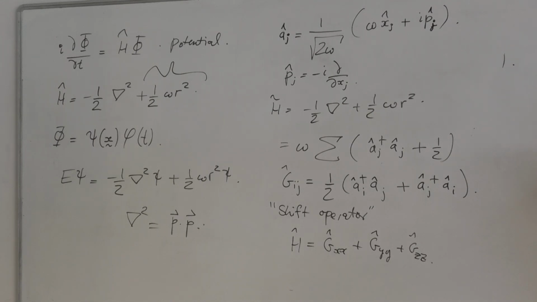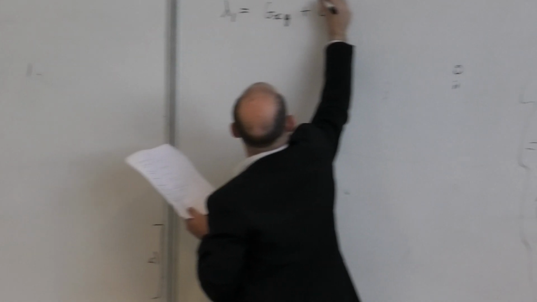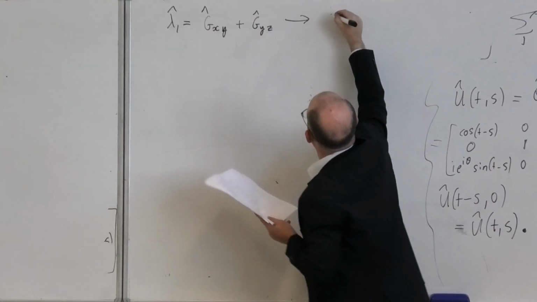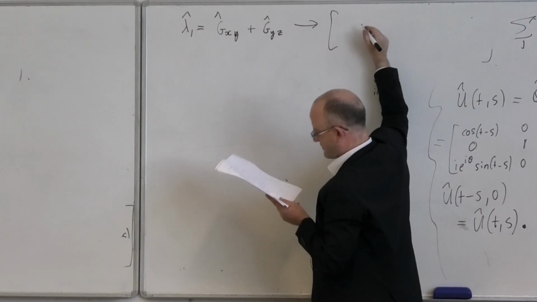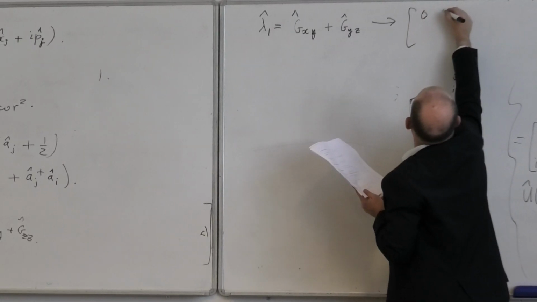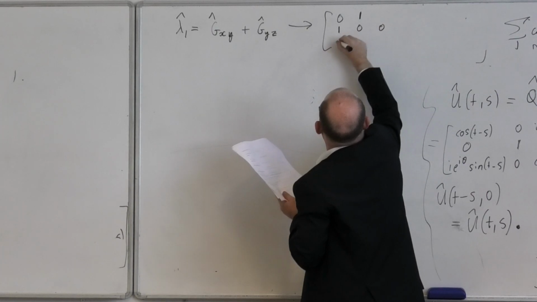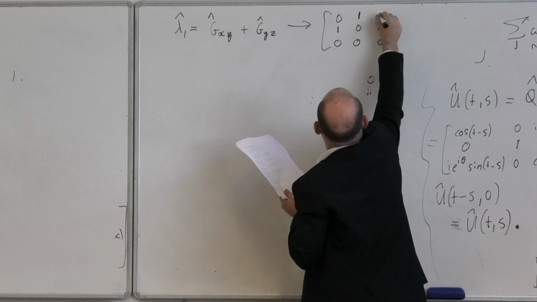So what you can then do is you can show that the generators of the algebra can be written as gxy plus gyz. Okay, which you can imagine, I haven't shown this explicitly yet on the way to doing it, but basically it maps to a representation that is like this.